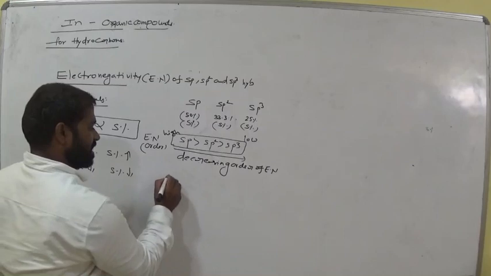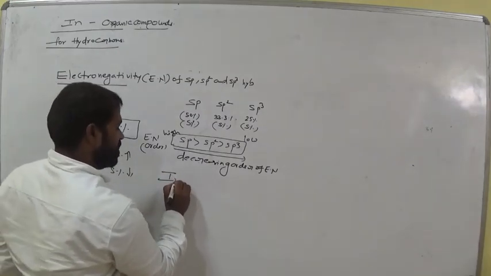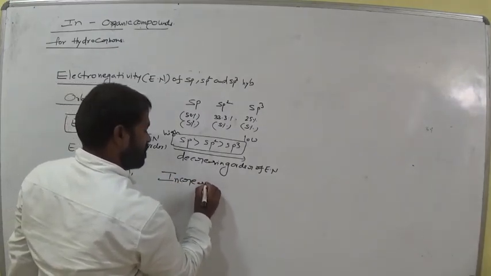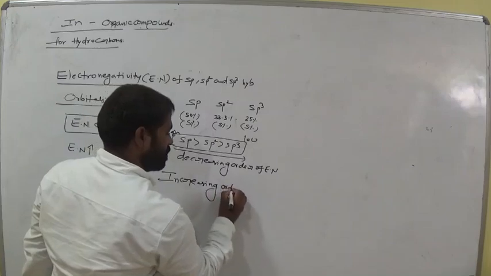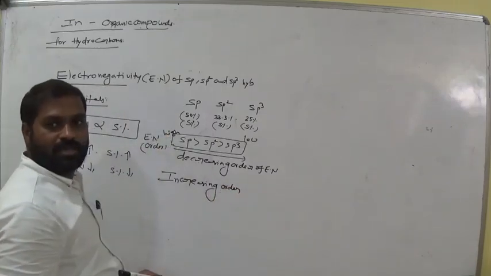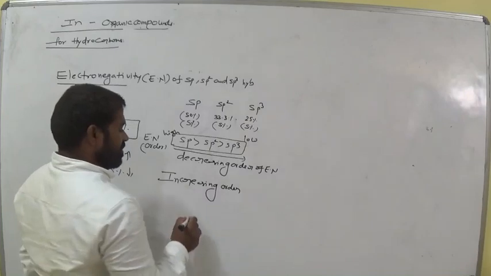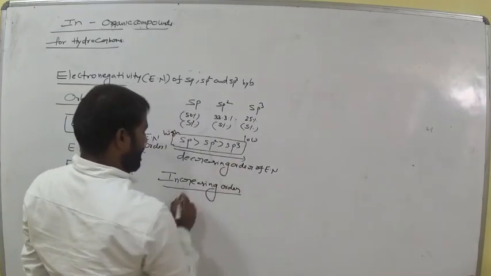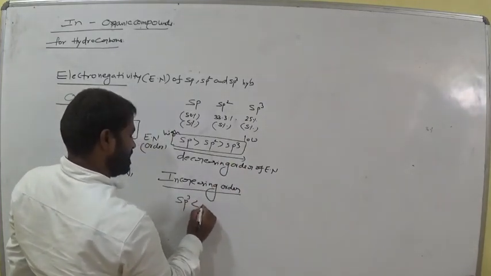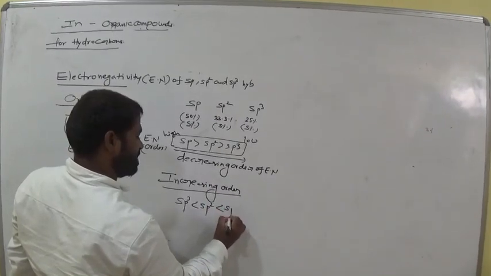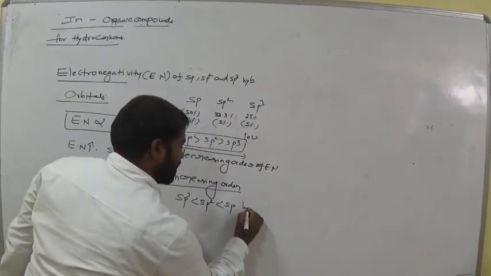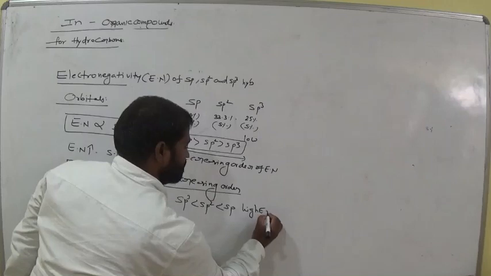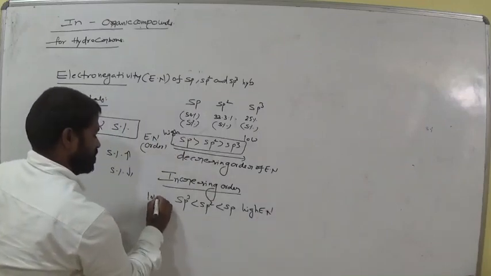Okay, increasing order means low to high: sp3 less than sp2 less than sp. Am I right? This is highly electronegative, this is low electronegative.